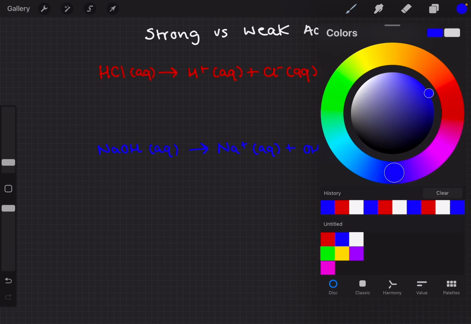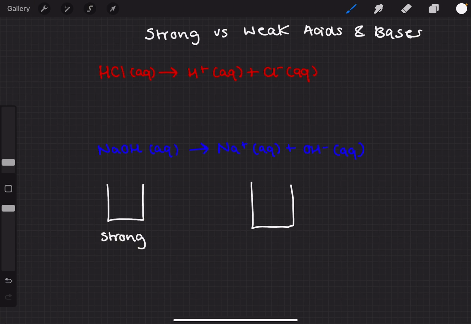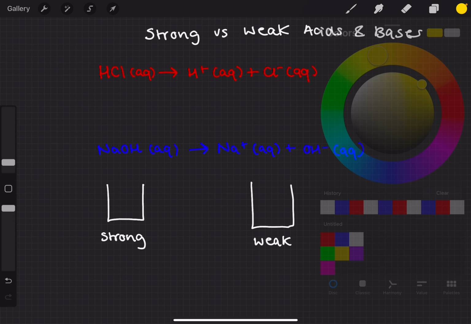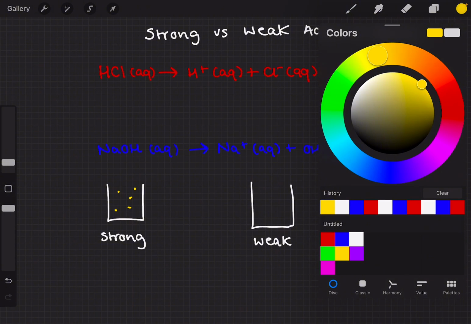And if we create a visual representation of this, if we have a solution with a strong acid or base versus a solution that has a weak acid or base, in a strong solution, these particles are going to be completely separated.